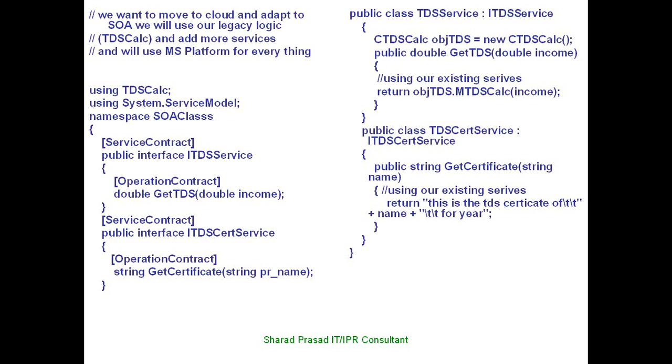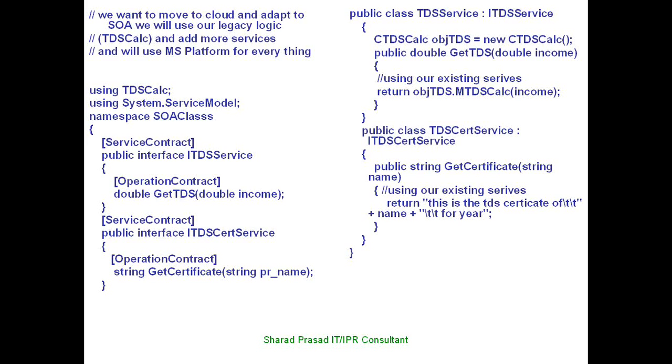Operation contract, that attribute specifies that the method is used by consumers. Service contract says that this particular interface is a contract which will be accessed and discovered by the remote client.